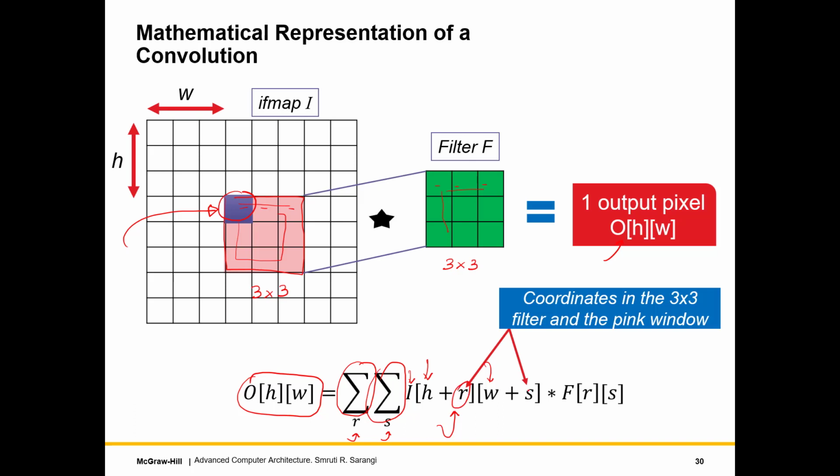The iterators are R and S, in a row and column, but a column would have been a different letter, so let's use R and S. Essentially we look at all values of R and S. We start with HW, look at all values of R, then all values of S. So we traverse the 2D space, and for each point we multiply it with the corresponding value in the filter, which can again be represented with an R cross S pair. Then we multiply and then we add.